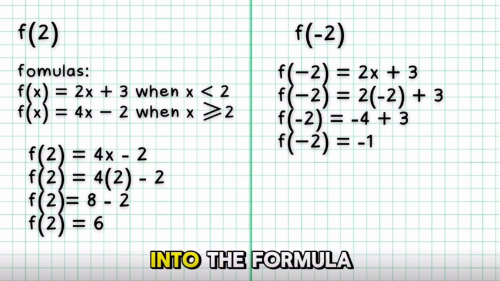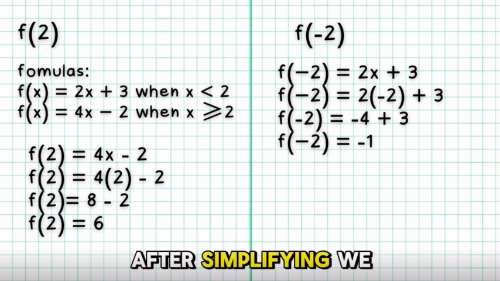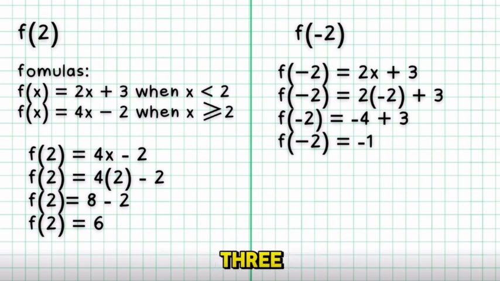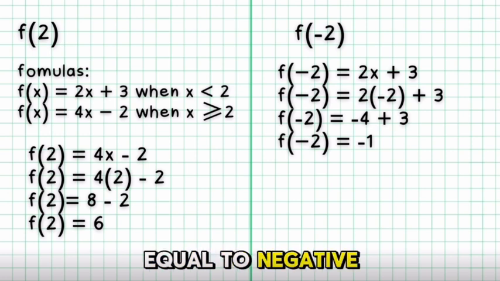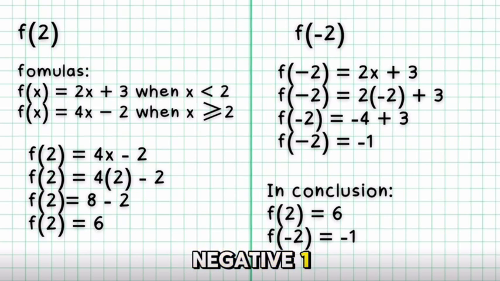Substitute negative 2 into the formula, and you get f of negative 2 equals 2 times negative 2 plus 3. After simplifying, we get f of negative 2 equals negative 4 plus 3. So, f of negative 2 is equal to negative 1. In conclusion, f of 2 is equal to 6, and f of negative 2 is equal to negative 1.